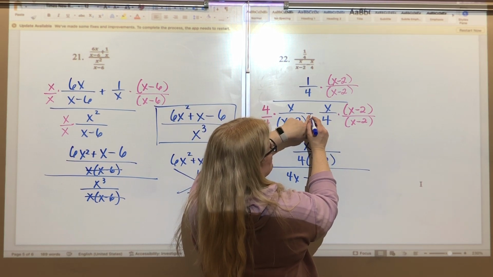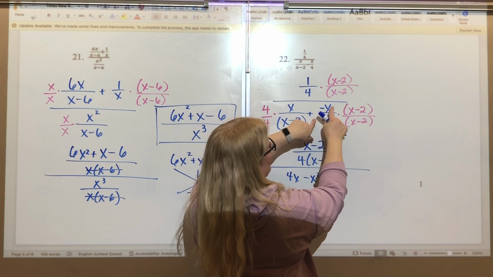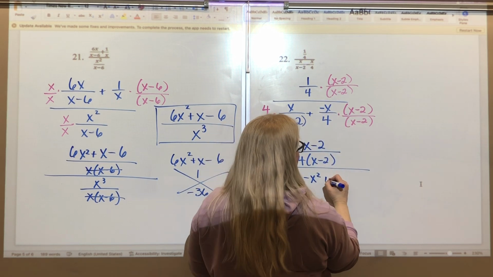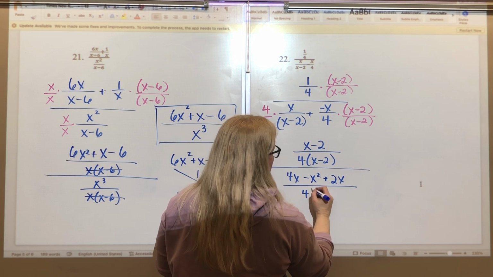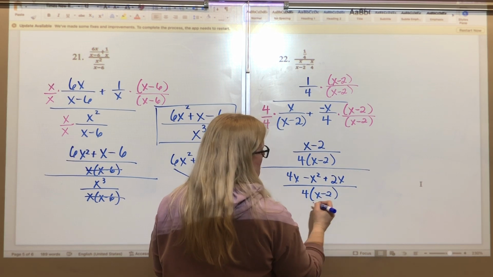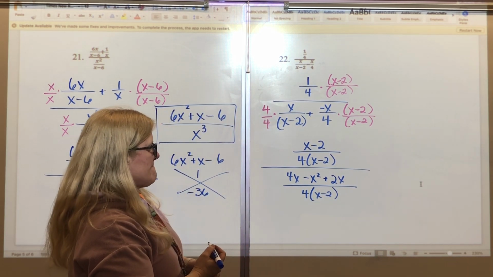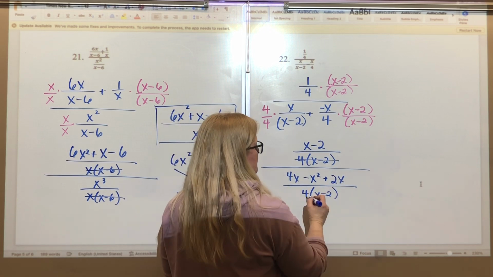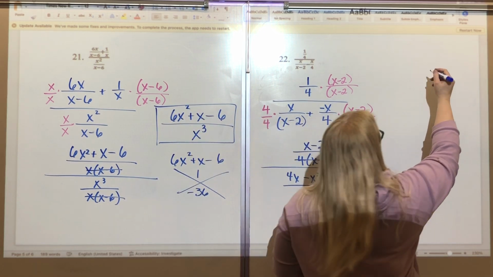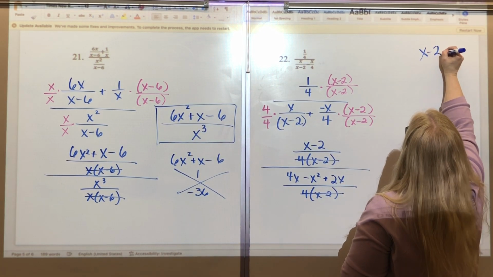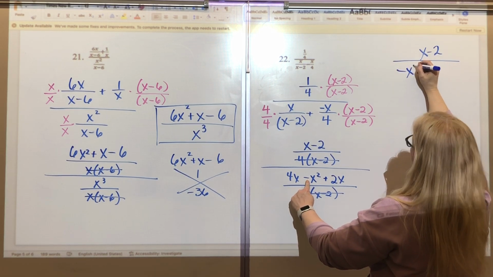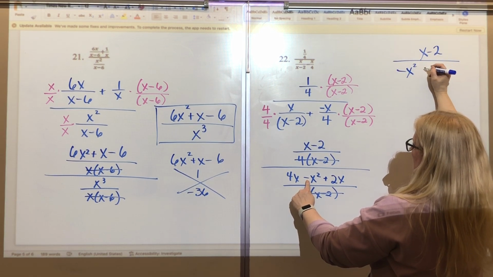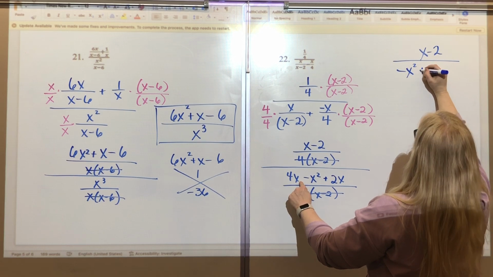Okay, this is a negative, so this is a plus a negative, so negative x squared plus 2x over 4 times x minus 2. Okay, all right, these cancel. And I've got x minus 2 over, I'm going to put this in standard form, negative x squared plus 6x.